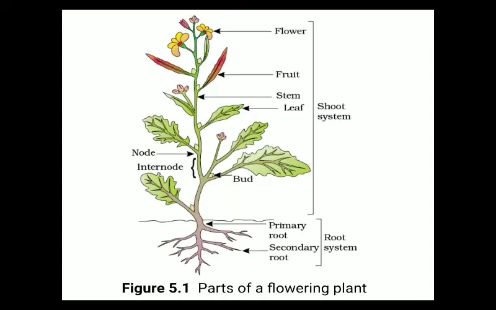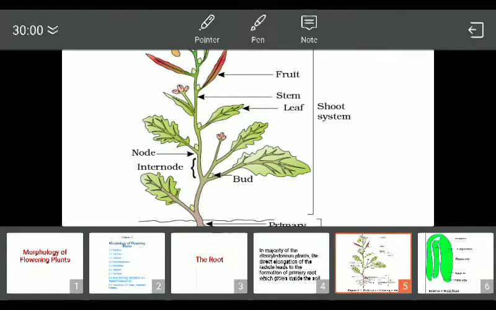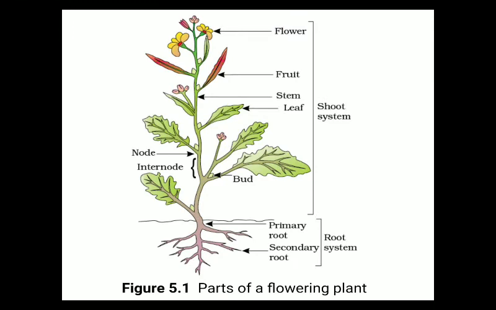And this is a typical dicotyledonous plant which will have the flower. So if any plant possesses flowers, then it is definitely a dicotyledonous plant. And the dicotyledonous plant is divided into different parts.